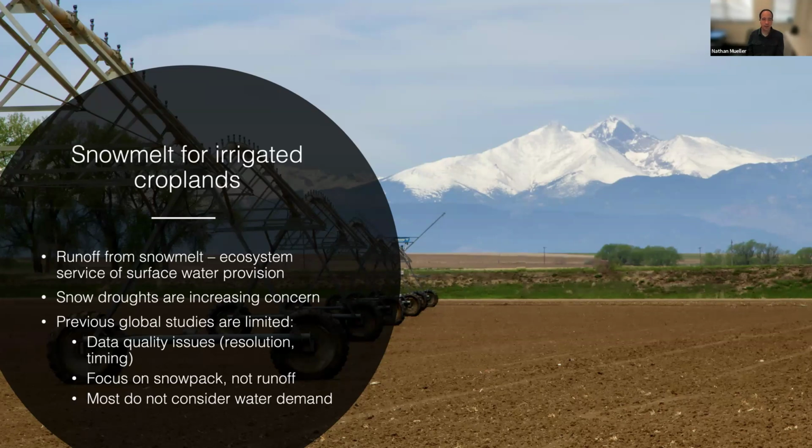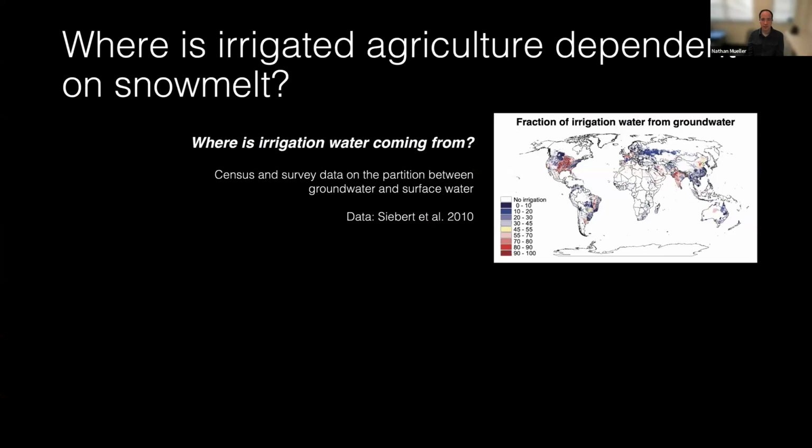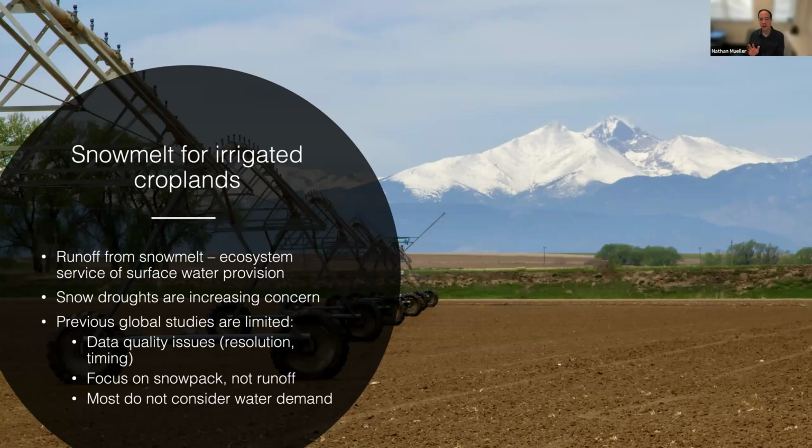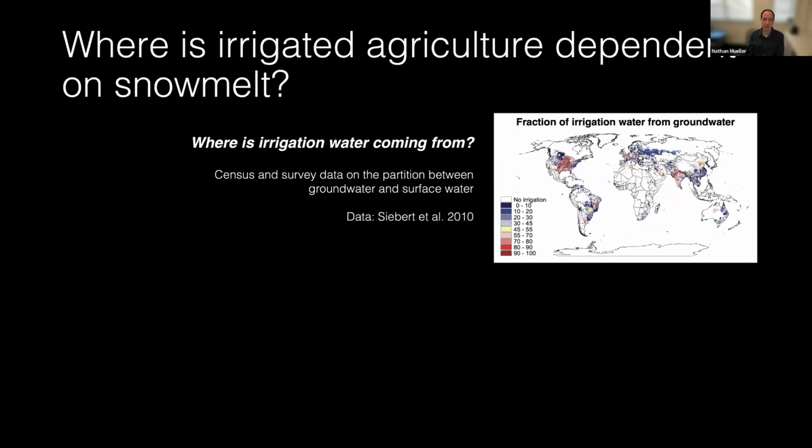So what we wanted to know here was really just how dependent is irrigated agriculture on snowmelt, and then what are the risks going forward in the future from changes to that snowpack? Because snowpack is really providing a great ecosystem service for agriculture by essentially being this giant reservoir of water that lasts farther into the growing season.